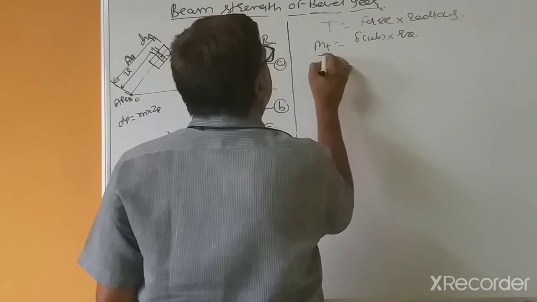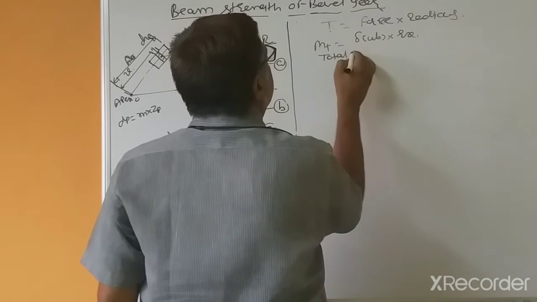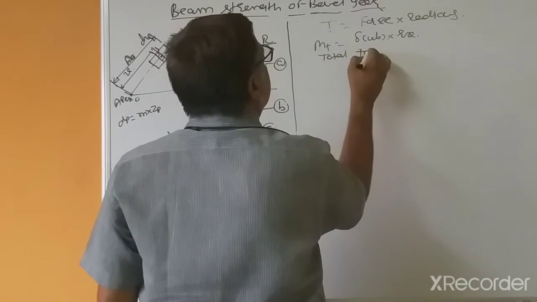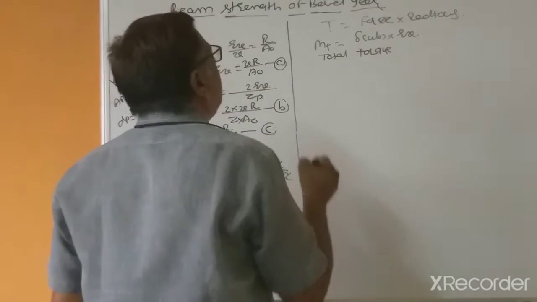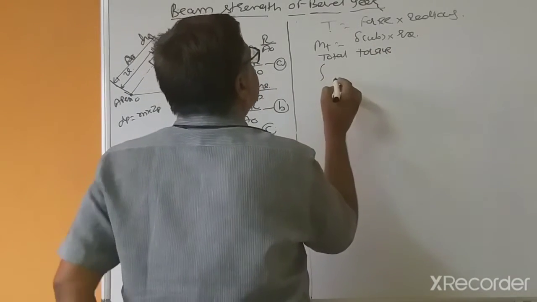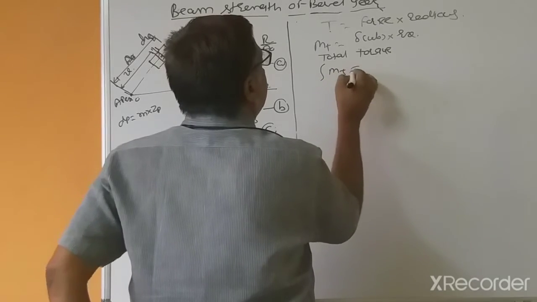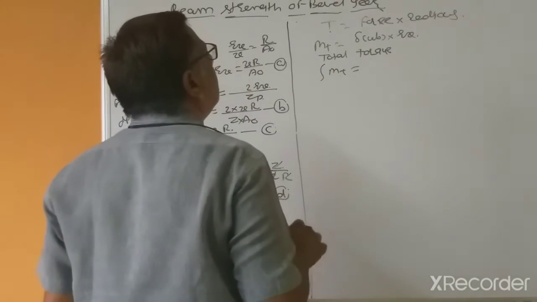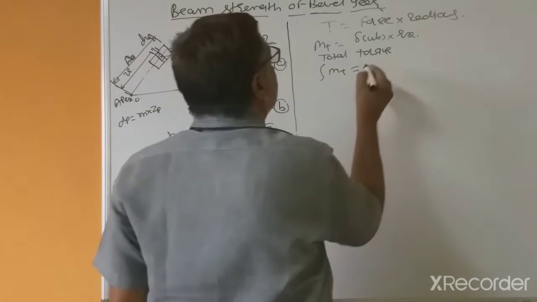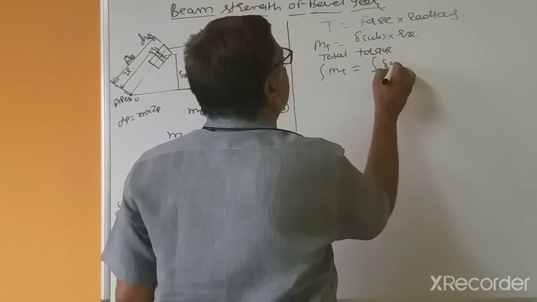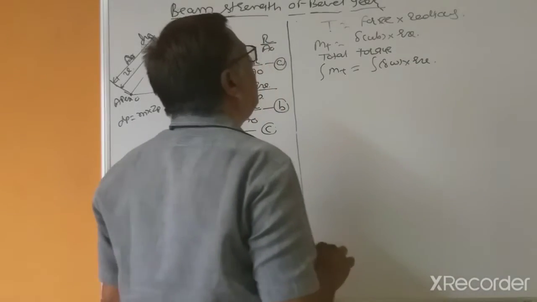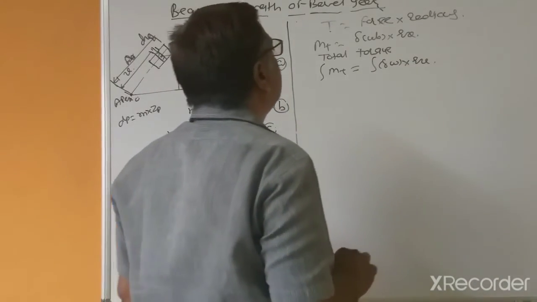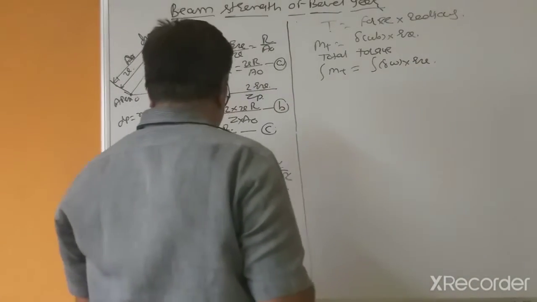Now the total torque equals the integration of dMt, which is equal to the integration of Wb into Rx.